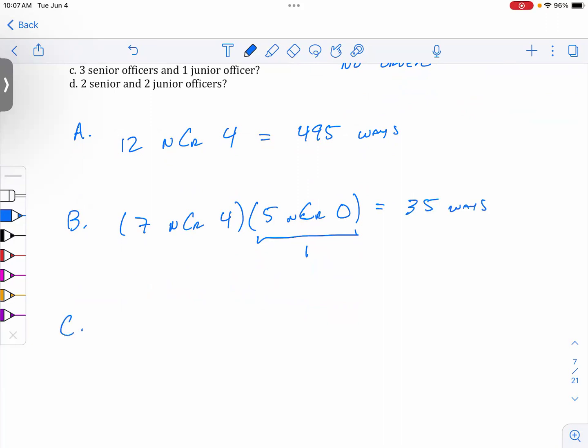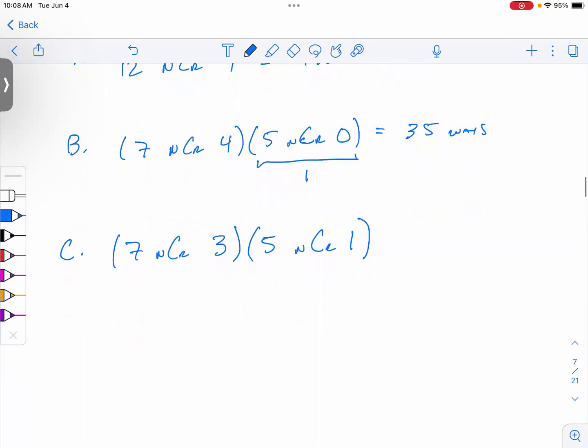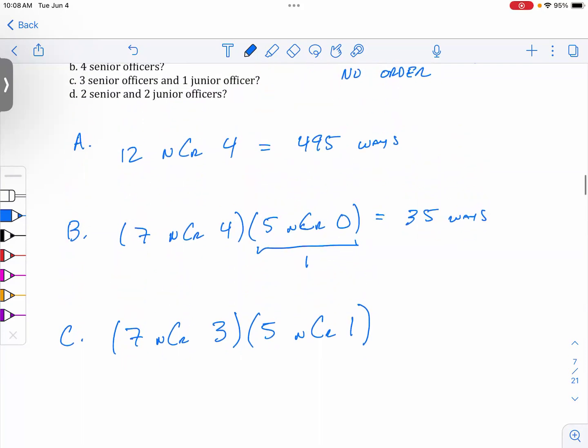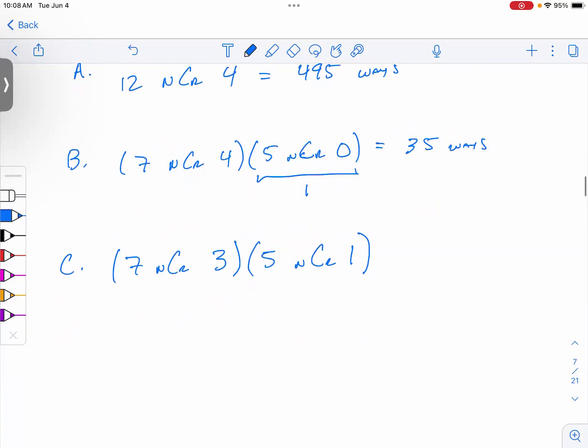All right, I want 3 senior officers and 1 junior officer. Now this is very similar to what I just did. Of the 7 senior officers, I'm pulling 3. Of the 5 junior officers, I'm pulling 1. And so notice that these two numbers, 7 plus 5 makes 12, 3 plus 1 makes 4, right? So I'm still accounting for both senior and junior officer groups.